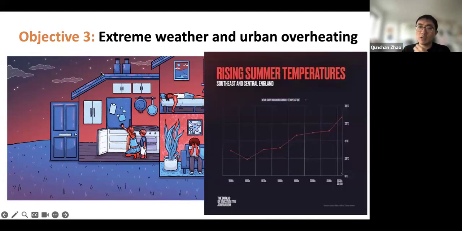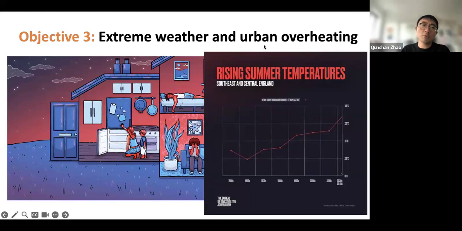But if you look at the rising summer temperature figure, you can easily find that the average daily maximum summer temperature keeps increasing in the southeast and central England. These days, I think the overheating problem in the UK has entered public discussion, and more people are becoming aware that there's a general urban heat island effect, a global warming effect, and an extreme weather effect. Will that create problems for people living in poor condition homes, and what will their indoor environment be?